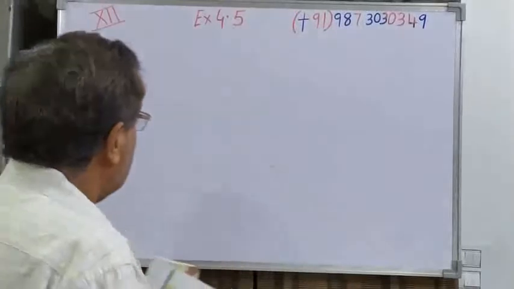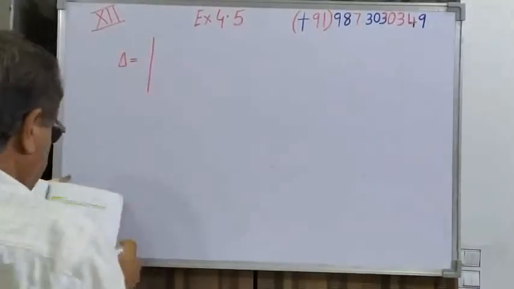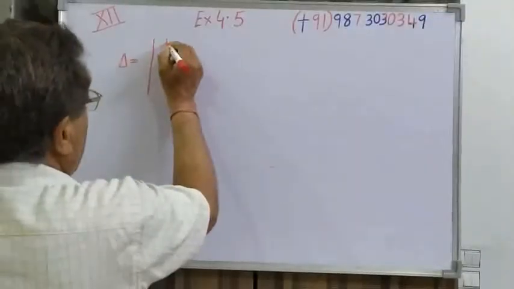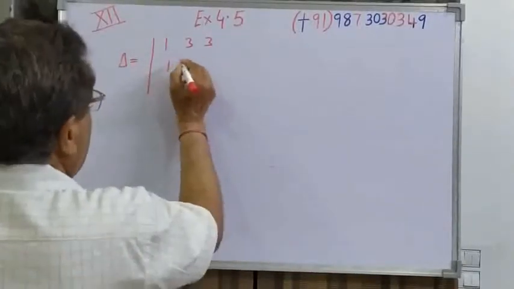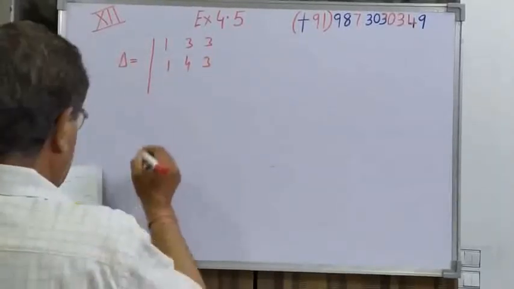I have a determinant made up of the following elements: 1, 3, 3, 1, 4, 3, 1, 3, 4.